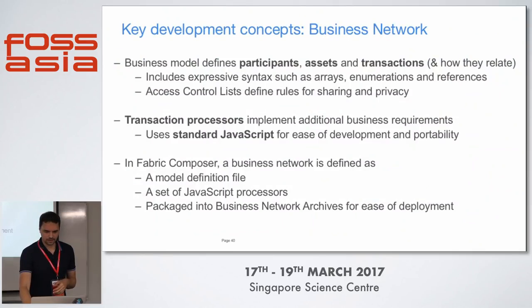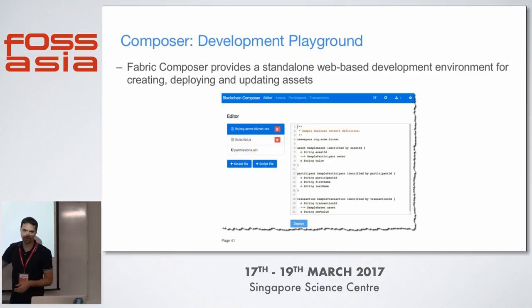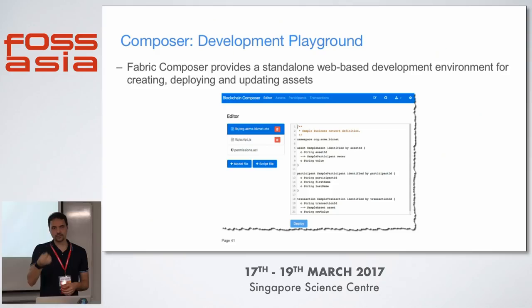And let me show you a couple of examples. So that's the development playground, and this specific screen shows you the example of the asset creation. This tool is oriented on automating business processes mostly.